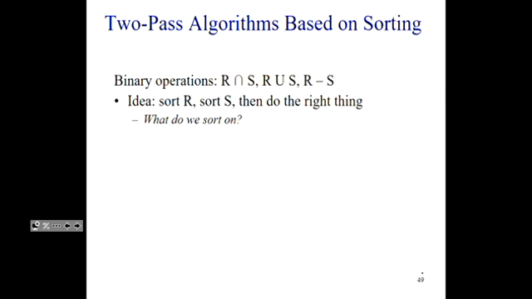Again, not a trick question. What do we think? What would it be helpful to sort on in order to perform intersection, union, or difference?